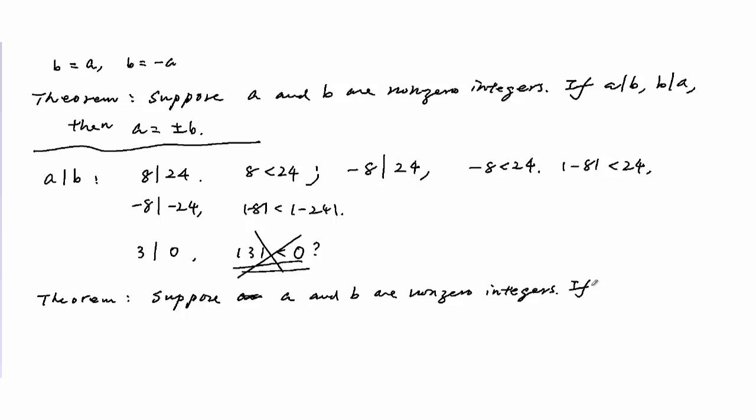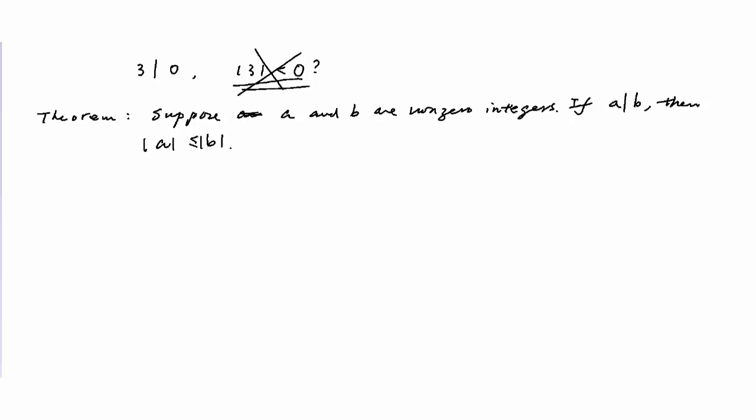If A divides B, then we can conclude that absolute value A is less than or equal to absolute value B. So our discussion just now can show you, you already had the idea how we are going to prove it.